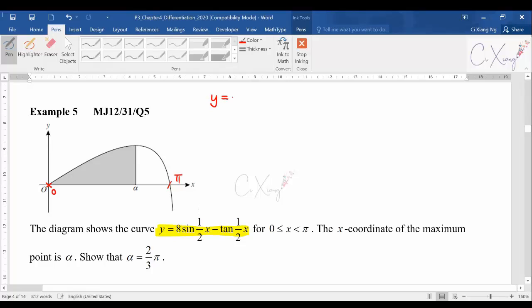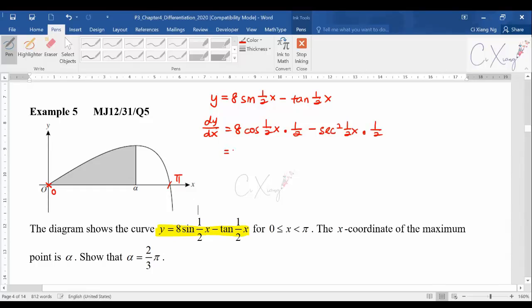You have y equals 8 sine half x minus tangent half x. When I do the differentiation, 8 is a constant, therefore I just copy it. Differentiate sine half x, you have cos half x, and you need to multiply with the differentiation of the angle. Differentiate the half, you get half. Then minus, you just copy the minus. How about tangent? Differentiate tangent, you have secant square, copy back the angle, and after that you need to differentiate the angle itself. So differentiate half x, what do you get? You get a half.